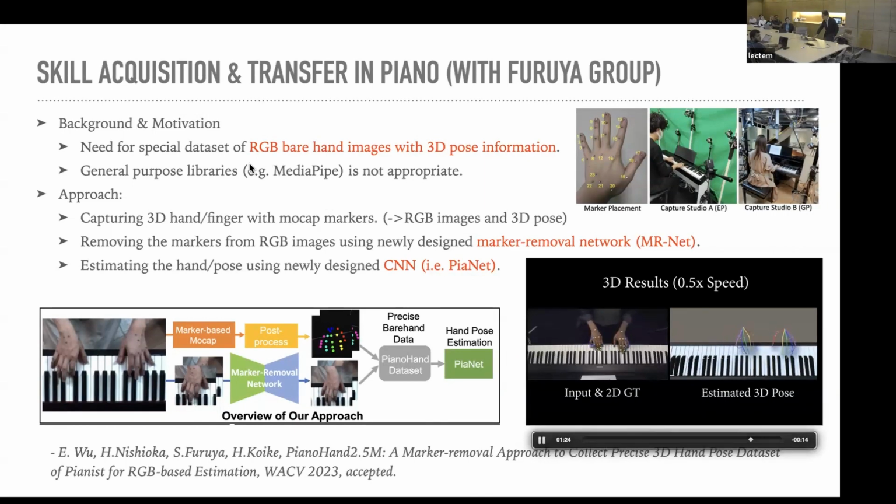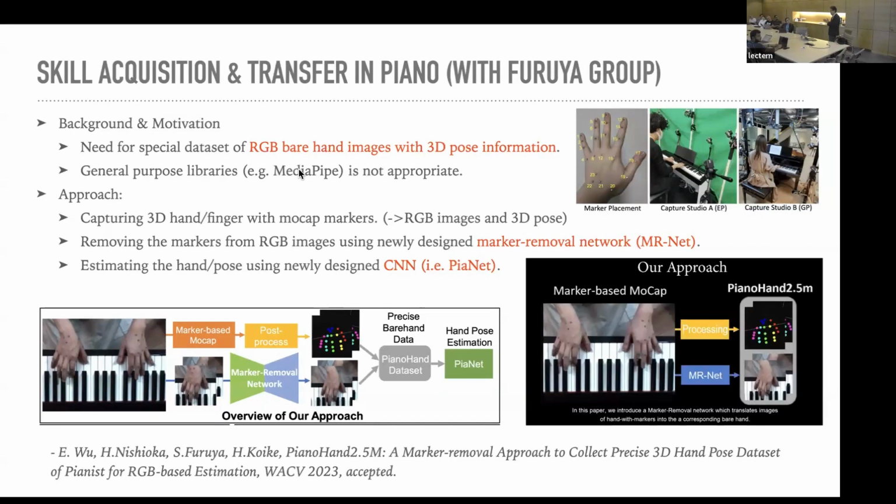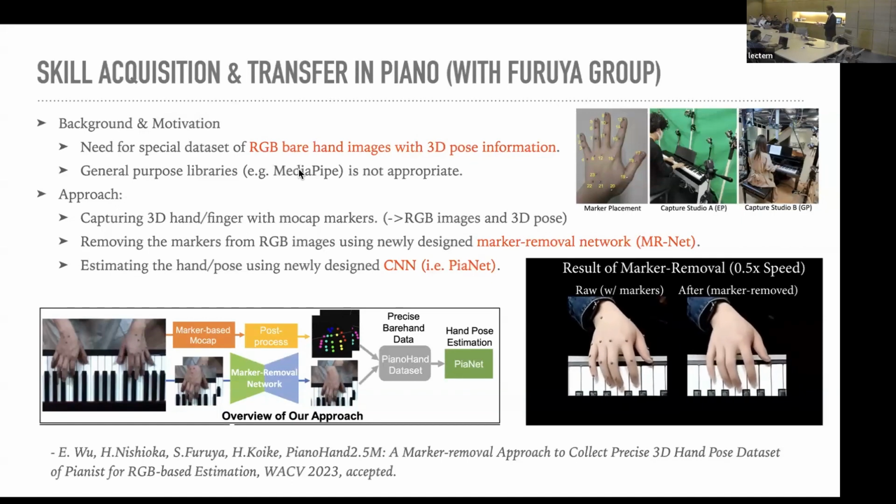And as you might be familiar with MediaPipe, which is a general purpose gesture and hand recognition library. But MediaPipe is designed for and also used for generic finger and hand movement. It is not for piano playing.